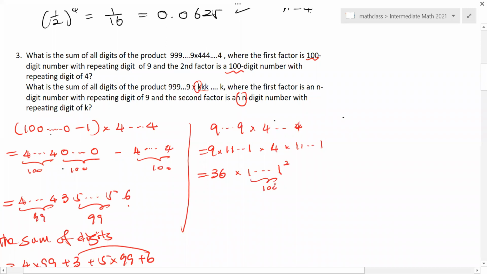You see, 36, right? Then you have trouble doing the multiplication here, and you have 100 ones here, then squared. That's easy to find out, but then you have to multiply by 36. So that would be the wrong direction in order to solve this problem.